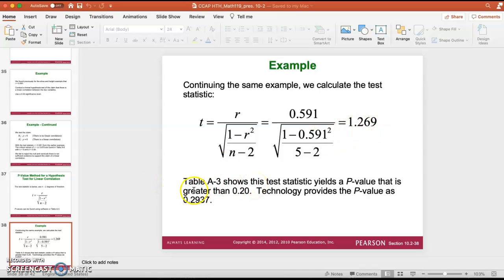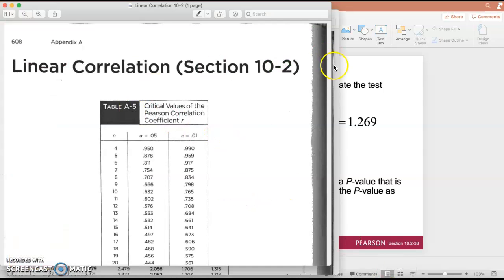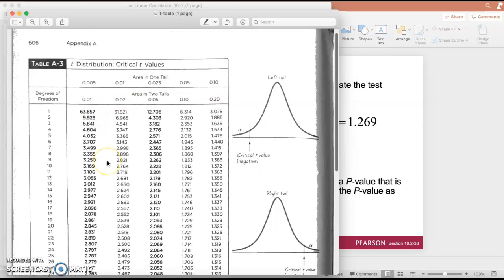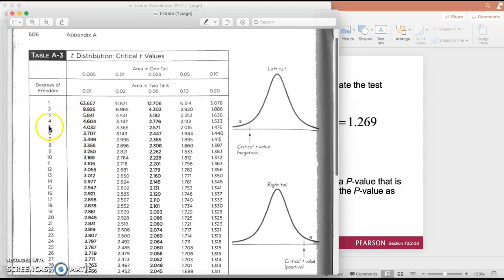And when I go to table A-3, the t-table, that tells me I'm using n-2 degrees of freedom this time, so I'd look in the 3 row and just go over, and essentially I'm looking at area in 2 tails.